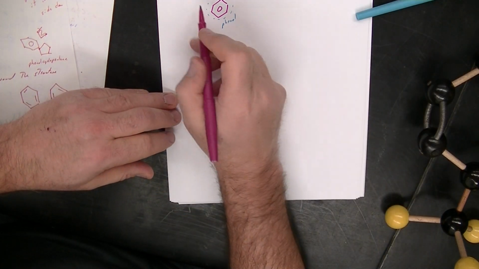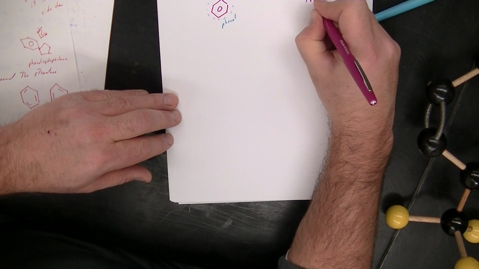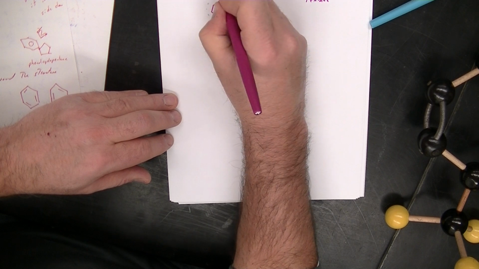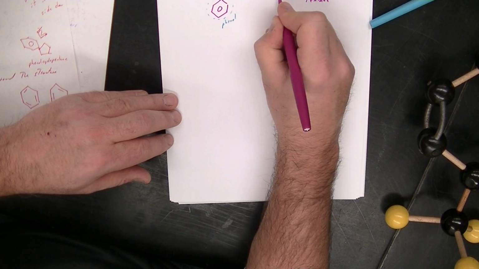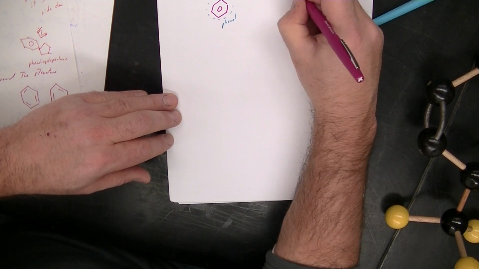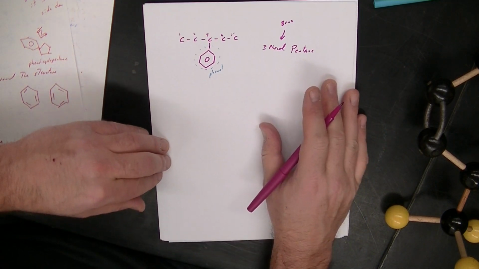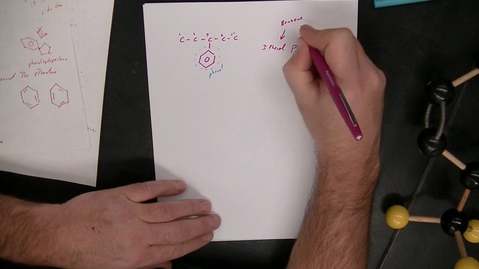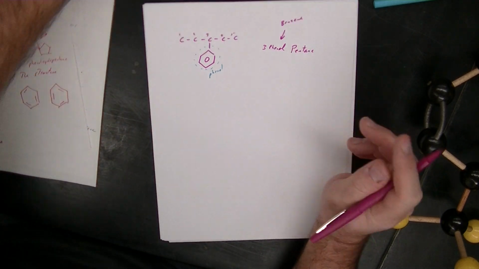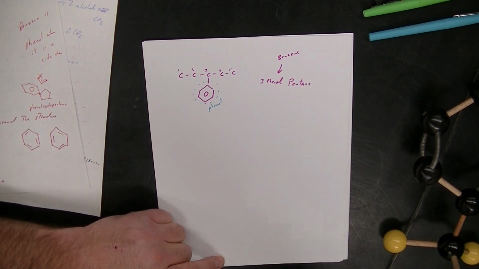So to name this, we'd name the longest carbon chain 1, 2, 3, 4, 5, which is a type of pentane, all single bonds, and this would be 3 phenyl pentane. The phenyl tells us that it's a benzene ring, and then it's coming off a pentane.